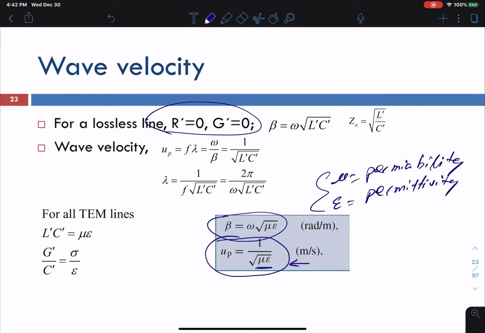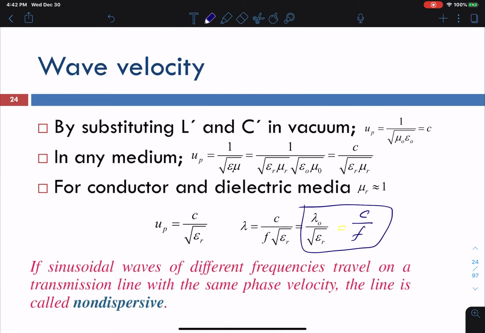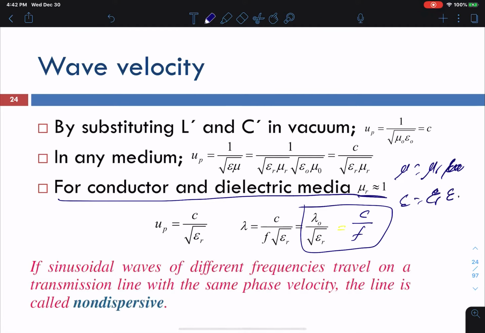Let's go forward and see what else there is. So now, if we go further down the road, for conductor and dielectric materials, what is mu r here? Your mu is basically mu 0, and your epsilon is epsilon r epsilon 0. What are epsilon 0 and mu 0? These are the respective values for vacuum, right?